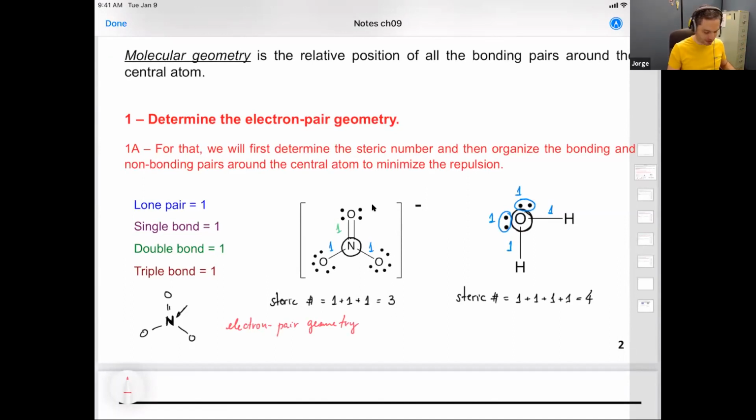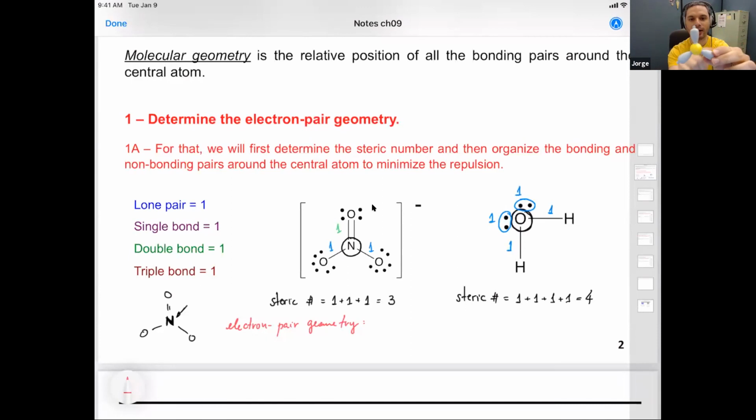If we have steric number equals to 3, the best way to organize this in the space is in a trigonal planar geometry. So you're going to have something similar to that. Okay, so see here, the middle atom is the nitrogen, and we have three groups around the nitrogen.